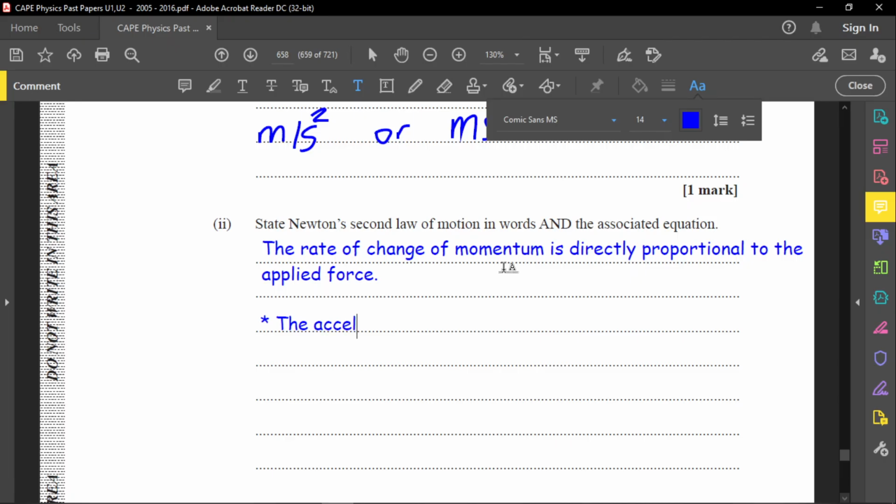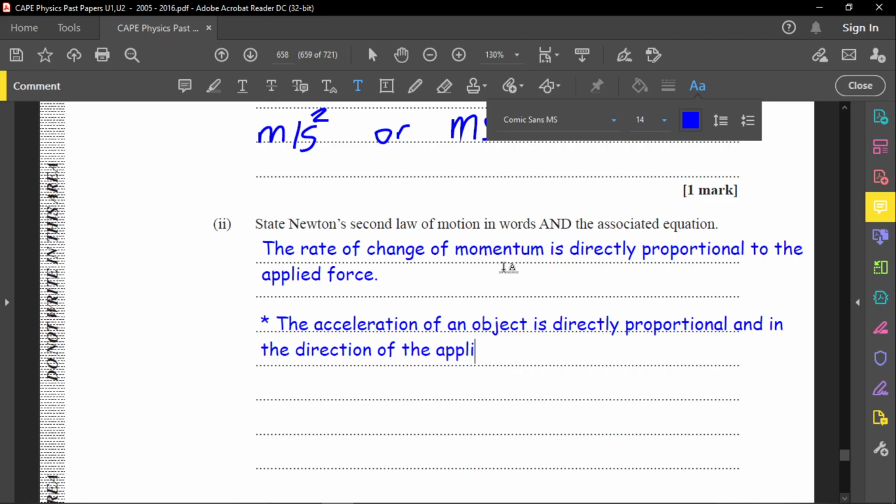So the acceleration of an object is directly proportional and in the same direction of the applied unbalanced force.